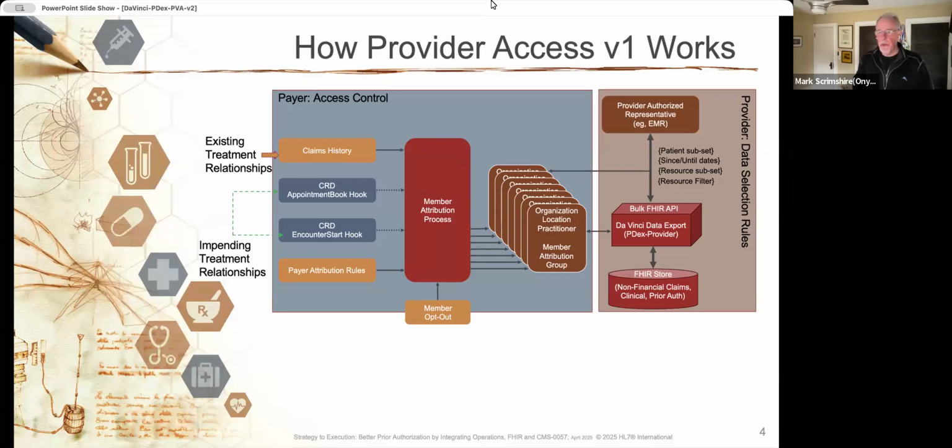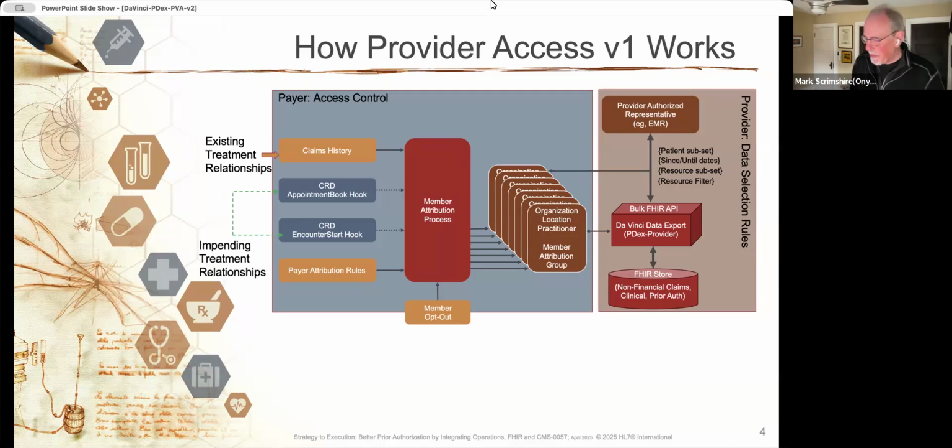So it's a group resource. The provider comes in and through that group list runs a Da Vinci data export, where you can actually ask for a subset of the members in the list. You can do a number of things. You can set a time window for the data you want to look at. You can say which resources you want.